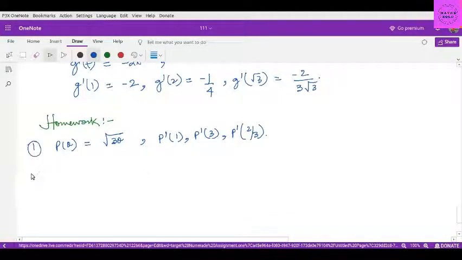So this is the first problem. Second problem is p of x equals root over twice of x. And here you have to find p dash 1 and p dash 2.